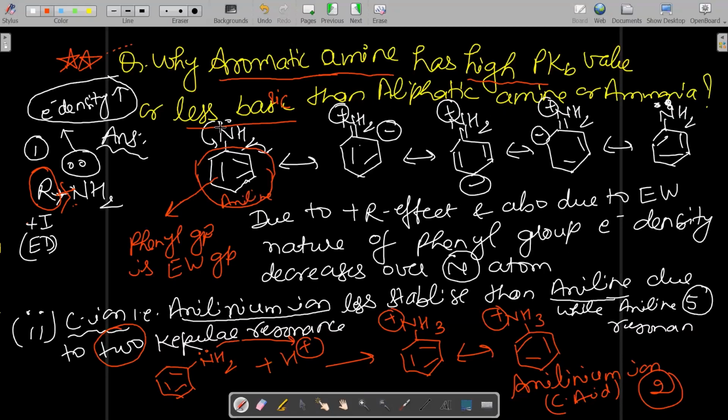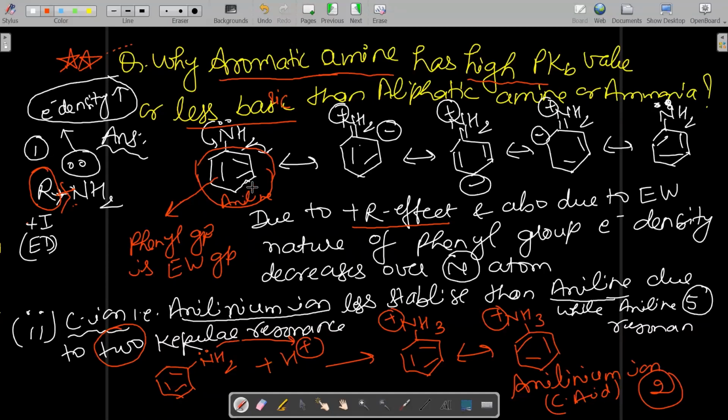What you are observing, this nitrogen lone pair is delocalized over the benzene ring due to resonance, or we can say due to plus R effect. And due to this reason, the nitrogen acquires positive charge because its lone pair is delocalizing over the benzene ring. The negative charge is now coming on the ring carbon atom. So nitrogen acquires positive charge, okay, and hence the electron density decreases.